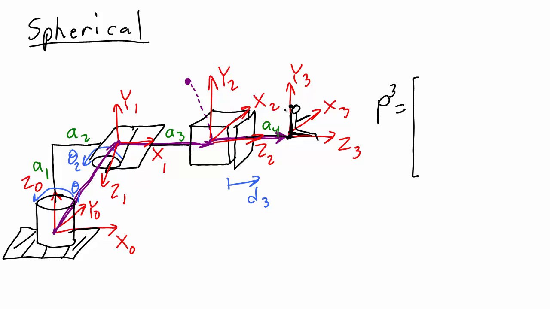Suppose we know that the location of that person's head is at 0 in x3, and let's say it's at 3 feet in y, and in z it's 0, and we have to add a 1 always at the end of this vector. We can figure out where that person's head is located not in the 3 frame but in the 0 frame by multiplying this vector times our homogeneous transformation matrix.